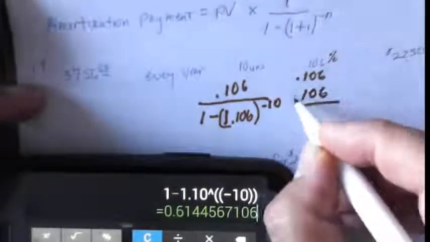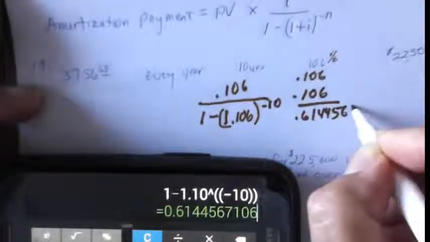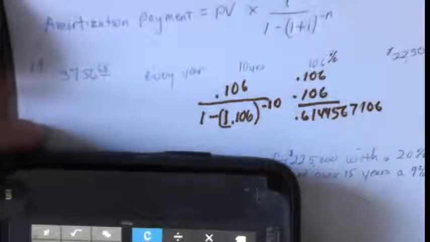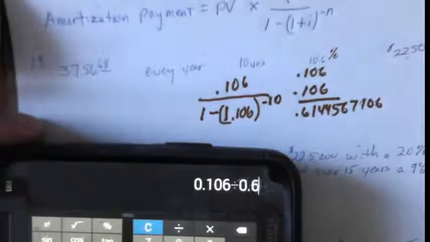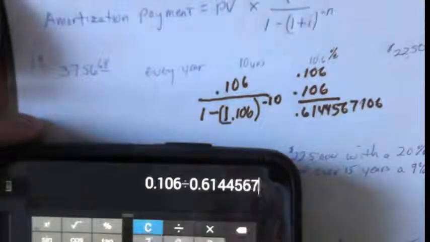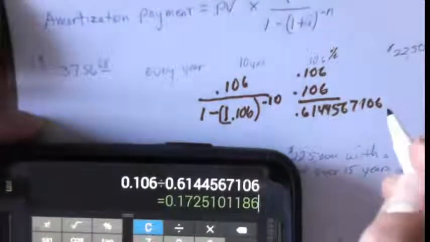Nothing's changed on the top. Okay, so now we're just going to do our calculator. 0.106 divided by 0.61445671106. Wow.